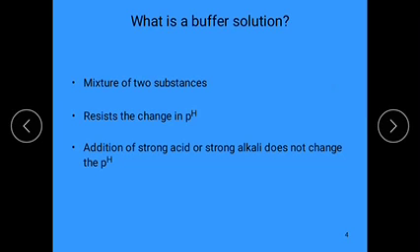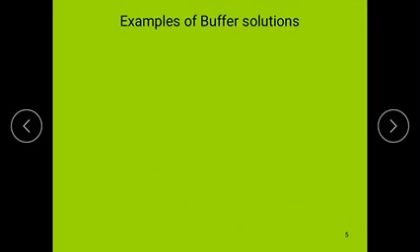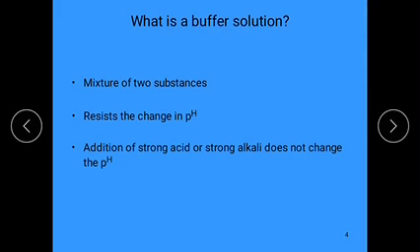It is defined as a solution which resists the change in pH value with the addition of strong acid or strong base. Once again, a solution which resists the change in pH value with the addition of strong acid or strong base to the neutral solution is called a buffer solution.